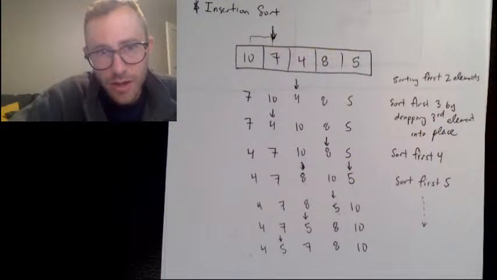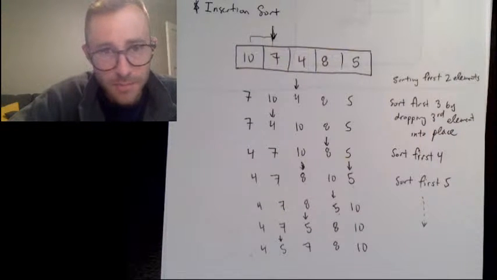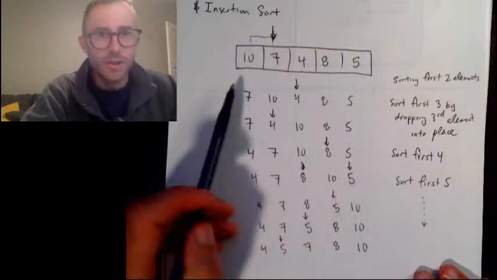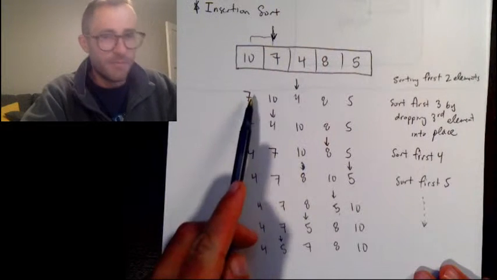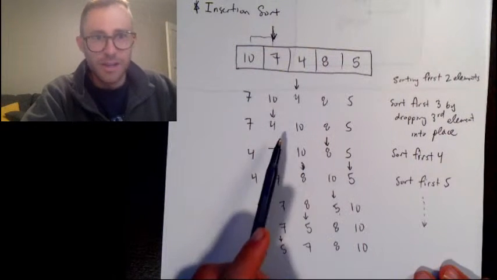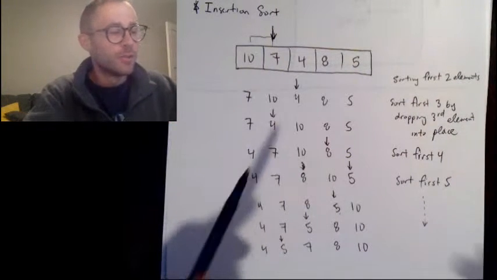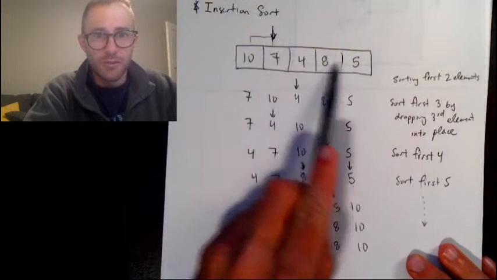Now this is not a particularly fast sorting algorithm. Why is it? It's because we have to repeatedly go through the array. We go through the array for each element of the array, right?